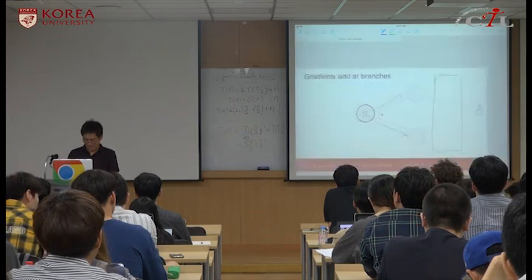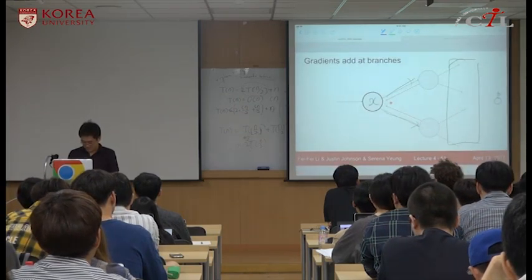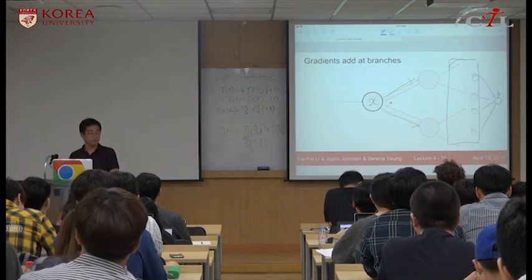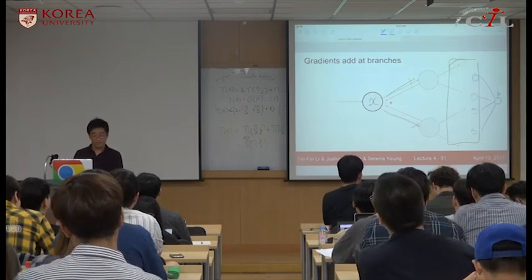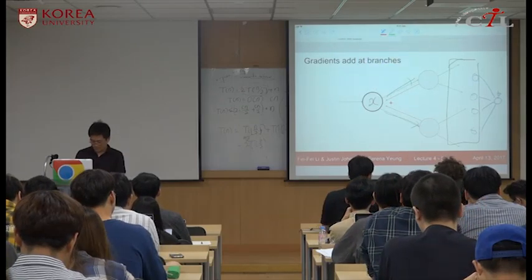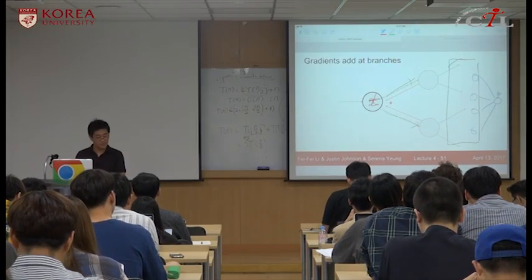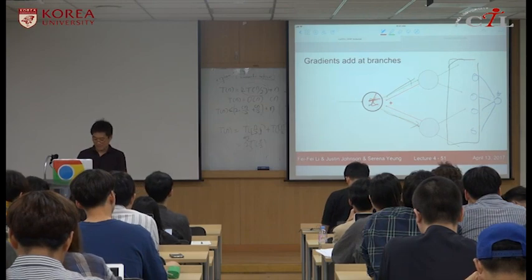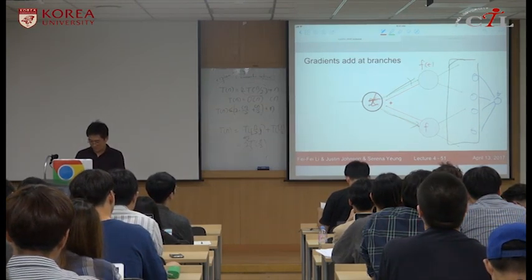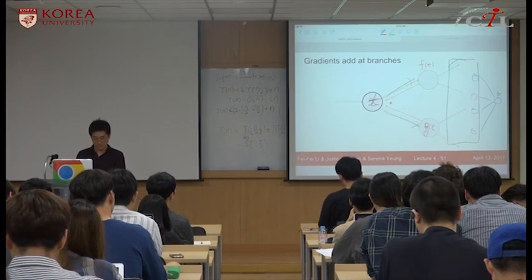Given whatever internal nodes or layers we have, let's call the input node t, and then these branches are f of t and g of t.